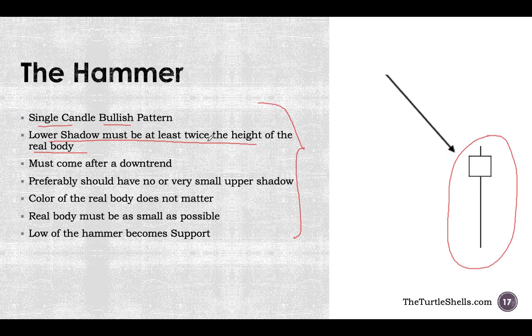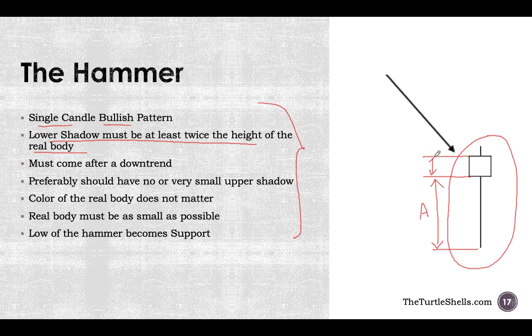Lower shadow must be at least twice the height of the real body. So the lower shadow is the distance between the open and the low. This is the lower shadow, this distance, let's call it A, and this distance is the height of the real body. That's the real body, that's the upper shadow, that's the lower shadow.